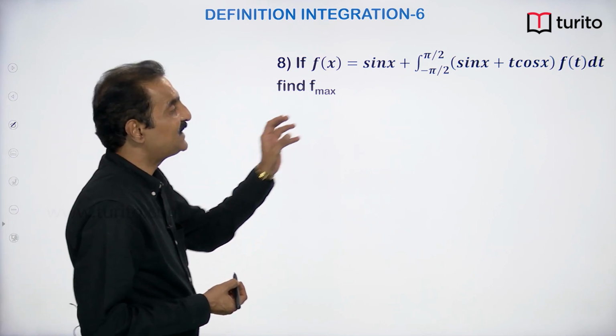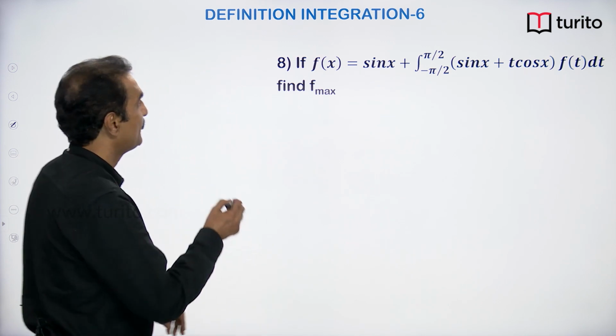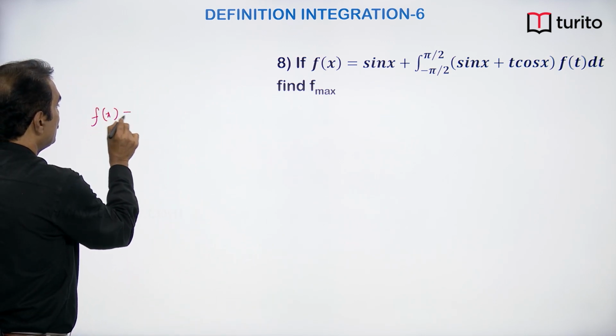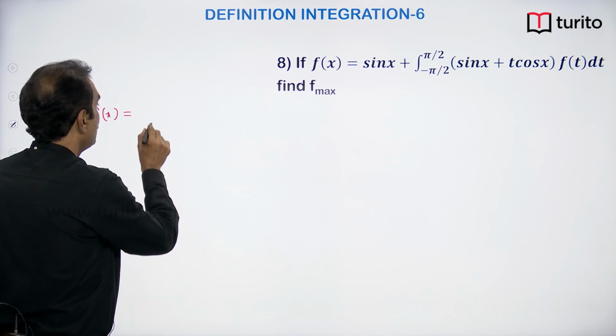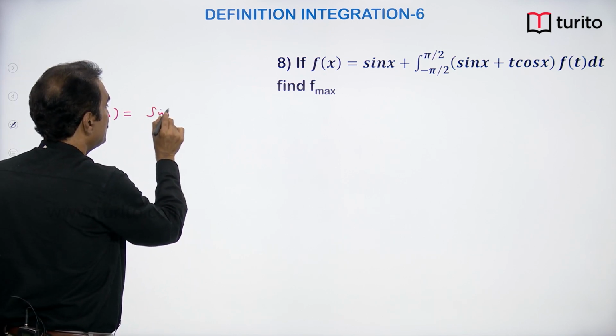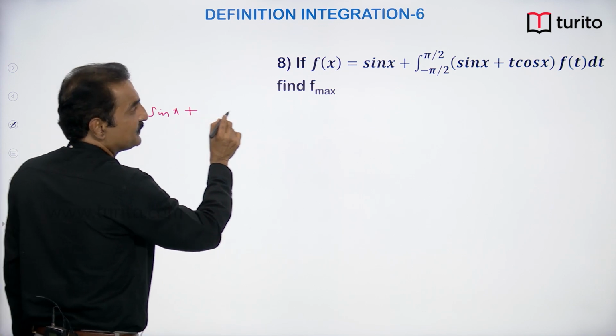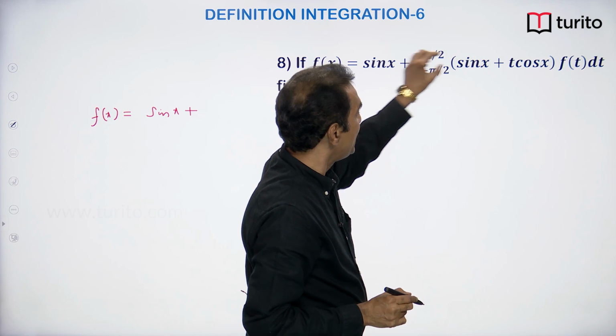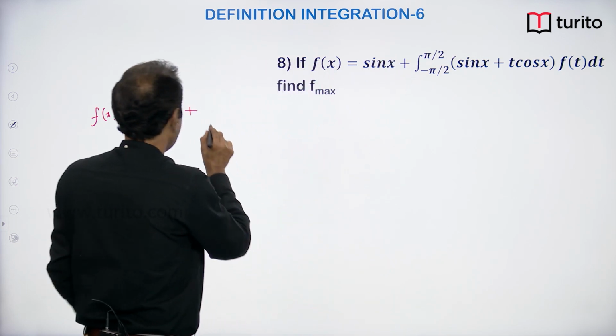First, observe the nature of f of x. F of x is equal to sin x plus sin x into f of t. Now, we can take out sin x.